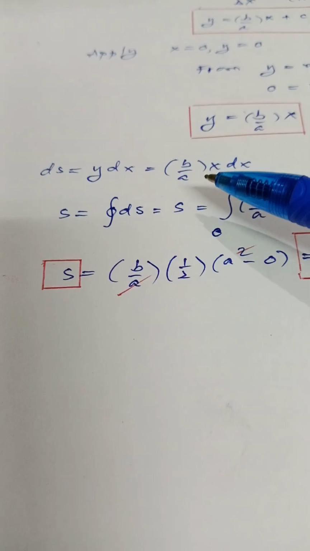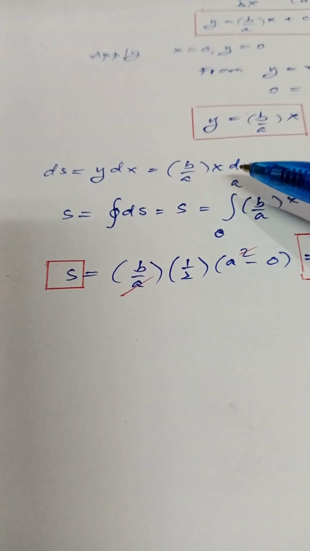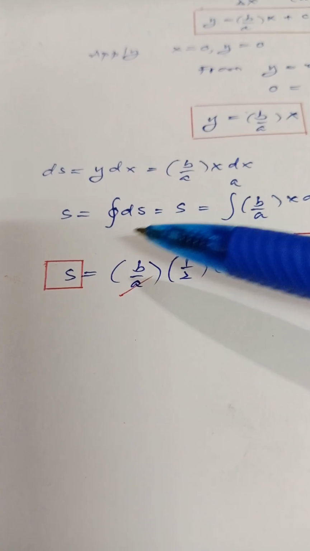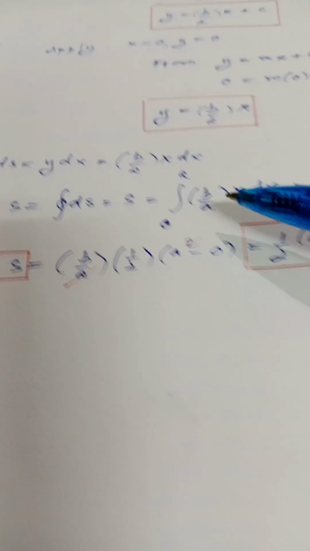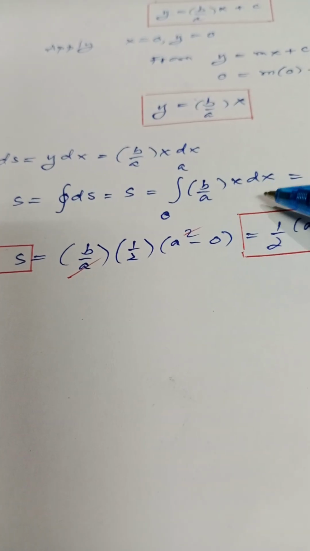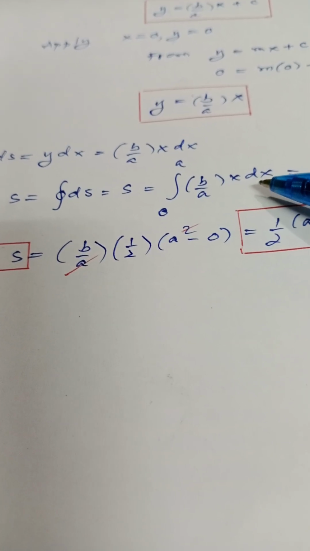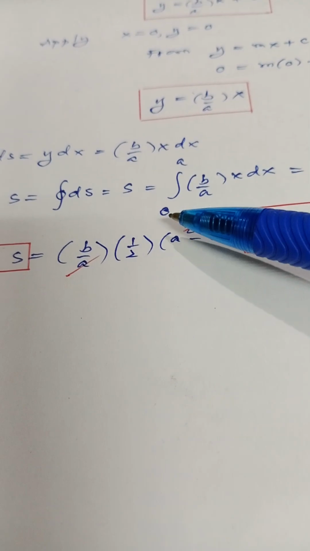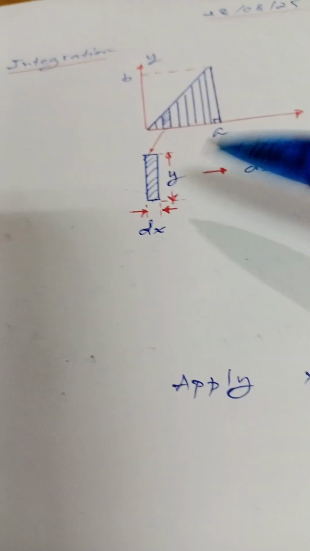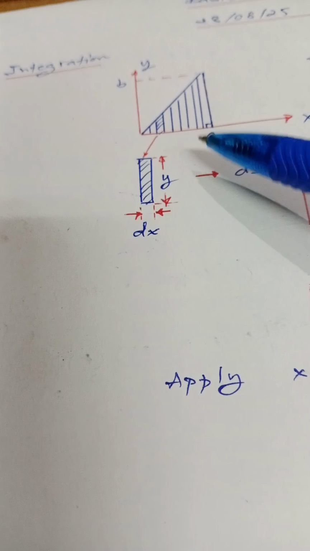Then your dS equal to bx over a dx. You do the closed surface integration, which is the integral of b over a times x, this is your y, right, and dx. You have a lower limit 0 and an upper limit a, because you go from x equal to 0 to a.